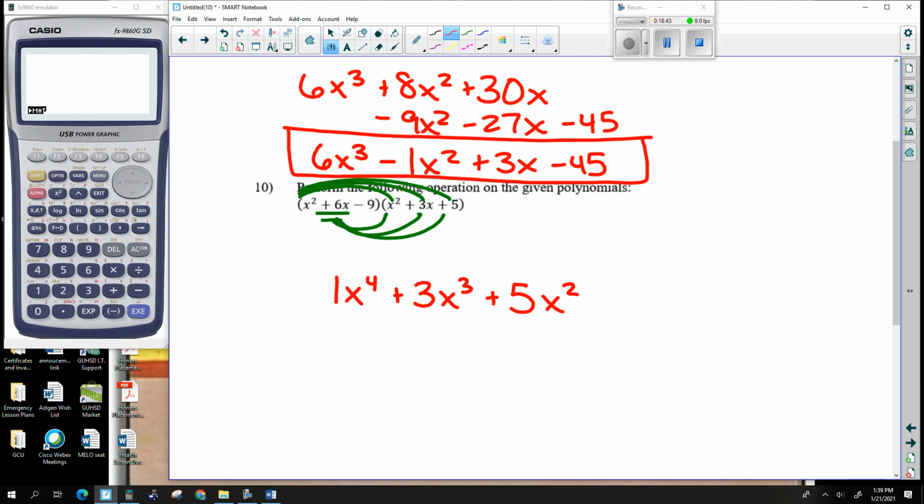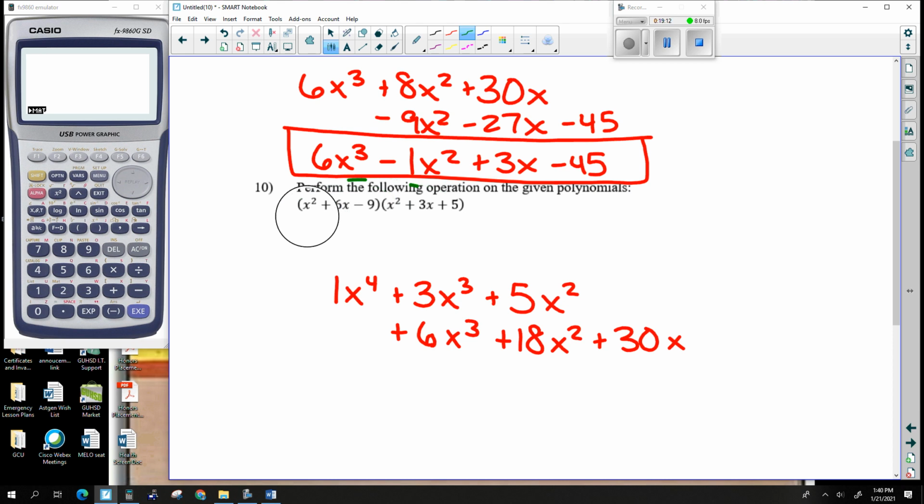So 6x: 6 times 1 is 6. X times x squared is x to the third. 6 times 3 is 18. X times x is x squared. 6 times 5 is 30. X times nothing is x. All right, and then I shift my attention to the last item.